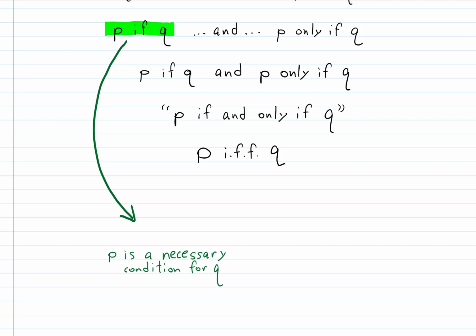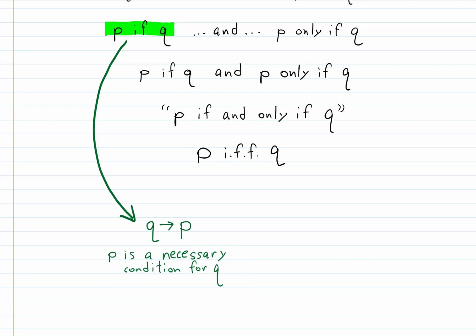That's P if Q. So in other words, Q implies P. We say P is a necessary condition for Q. And I want you to remember that just about conditionals in the first place. Okay? If you have A implies B, that means B is a necessary condition for A.